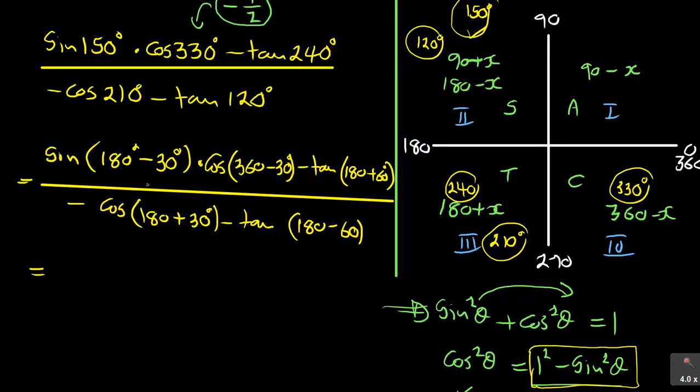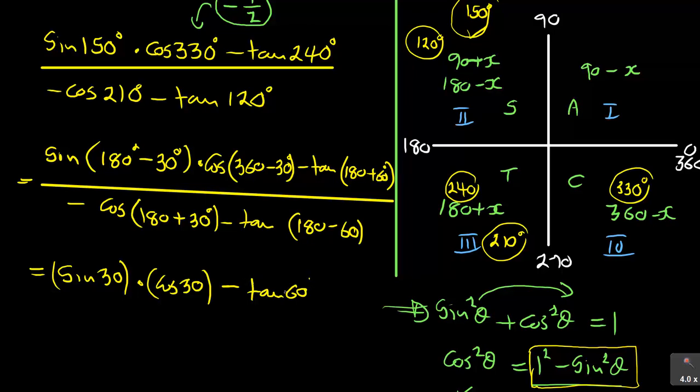So sine 180 minus 30, as we said, it's in the second quadrant, and that's where you get 180 minus, and sine is positive, so the first one becomes sine 30, and then multiplying, and then cos 360 minus 30 is in that quadrant, and cos is positive, so it's cos 30 minus tan 180 plus 60, which is in this quadrant, and tan is positive also, which is tan 60.